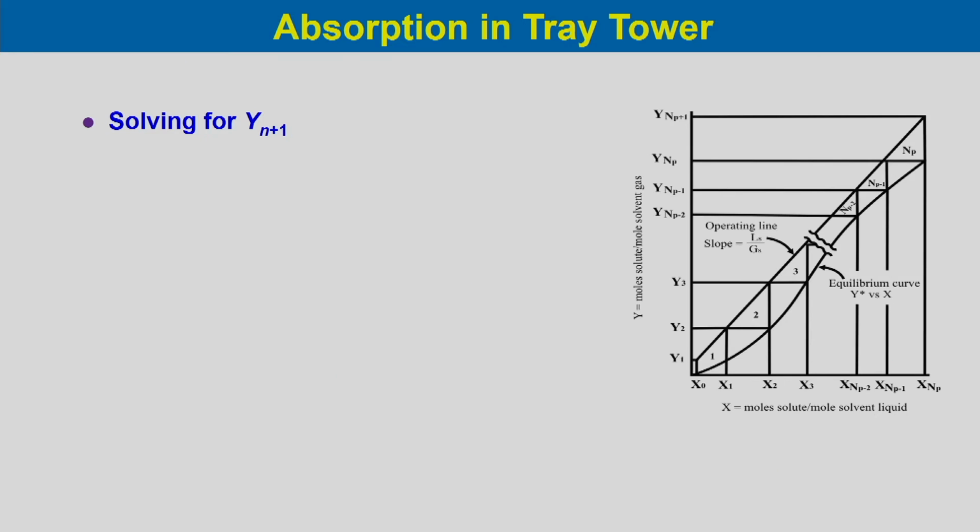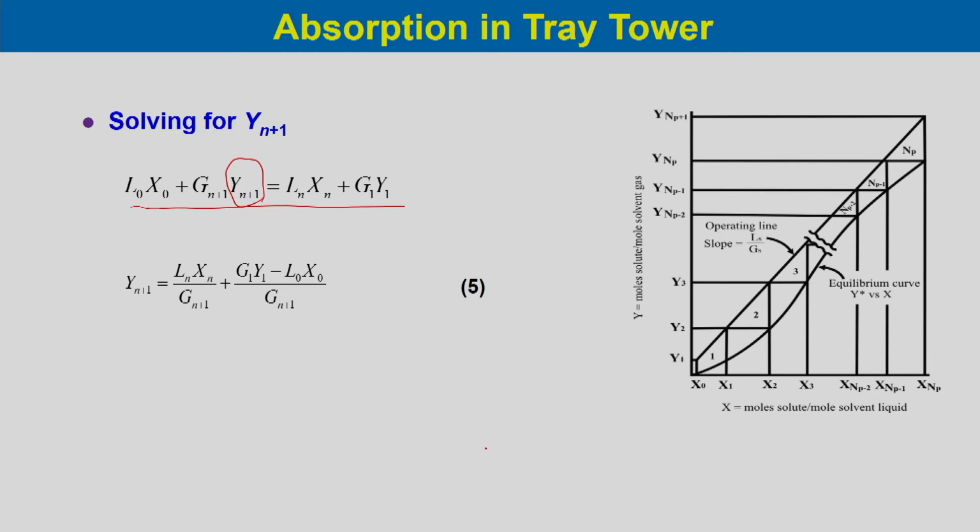This is the component balance we have done for the first n stages. Now, if we solve for y n plus 1, it would be equal to L n x n plus G 1 y 1 minus L naught x naught, all divided by G n plus 1.